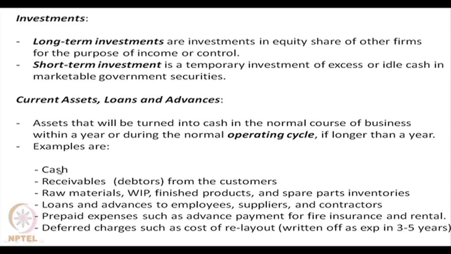So, these are examples of current assets. Normally, they will be turned into cash in the normal course of business within a year or during the normal operating cycle if longer than a year.